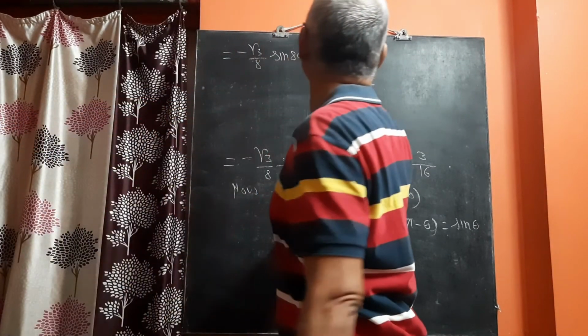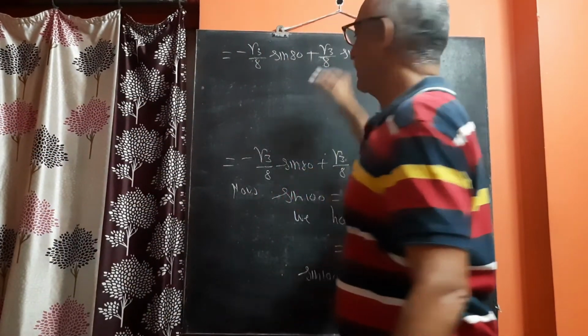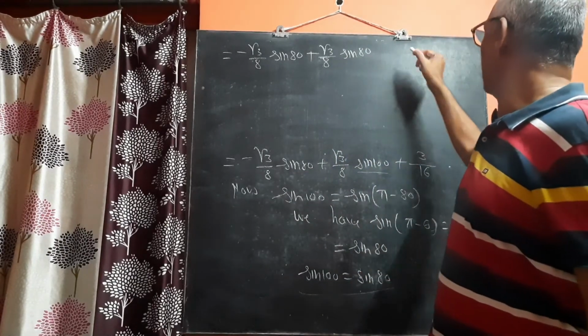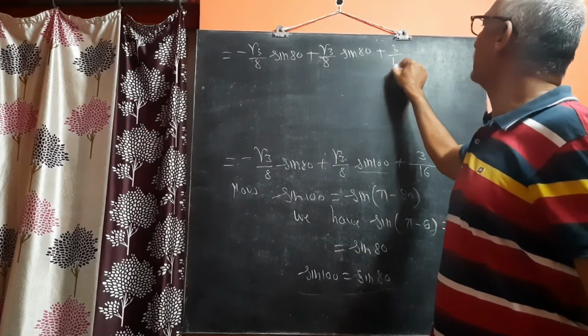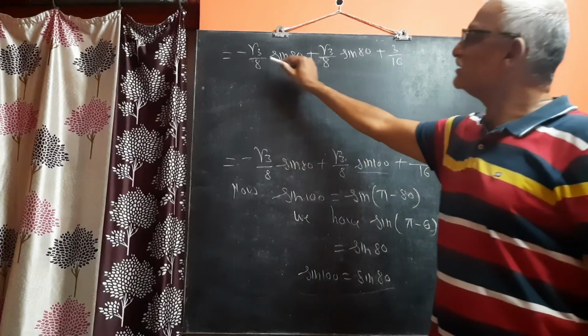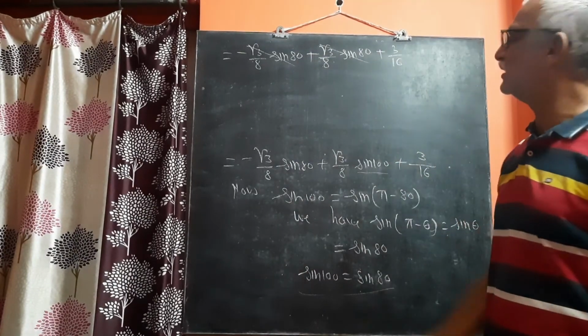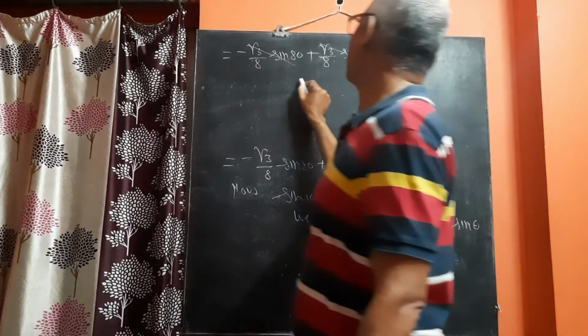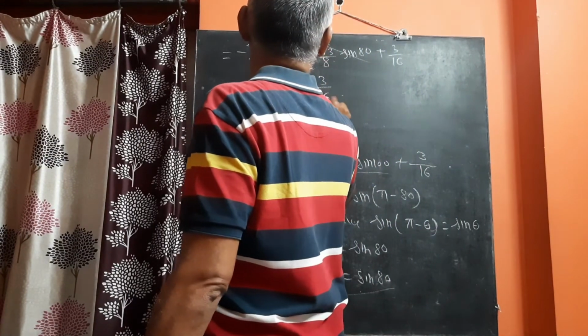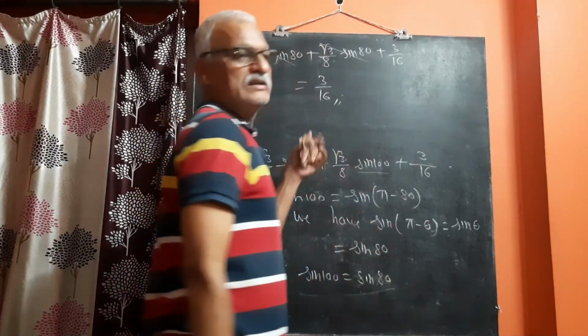So root 3 by 8 sin 80 plus 3 by 16. Minus root 3 by 8 sin 80 plus root 3 by 8 sin 80 gets cancelled. So the remaining is 3 by 16, which is our required result.